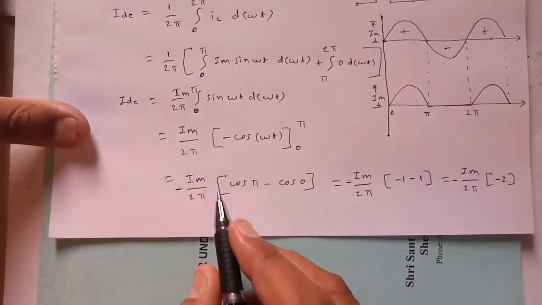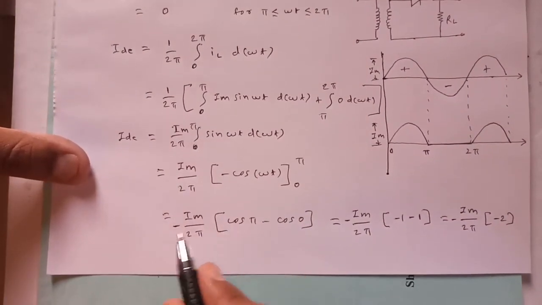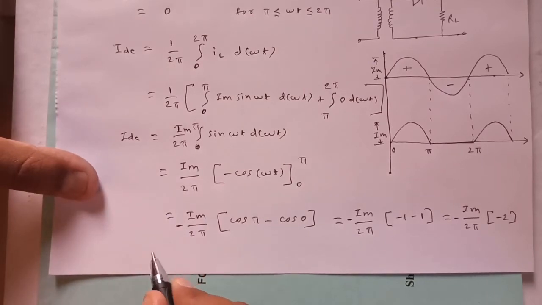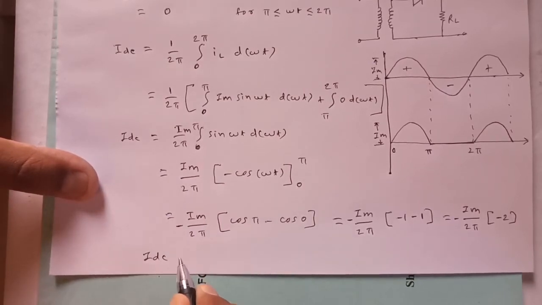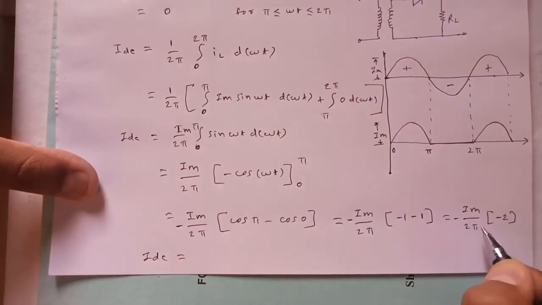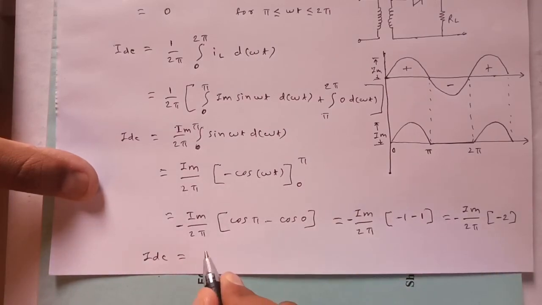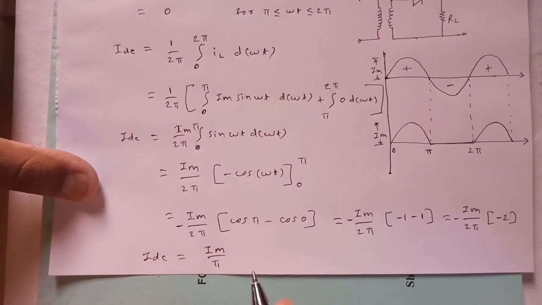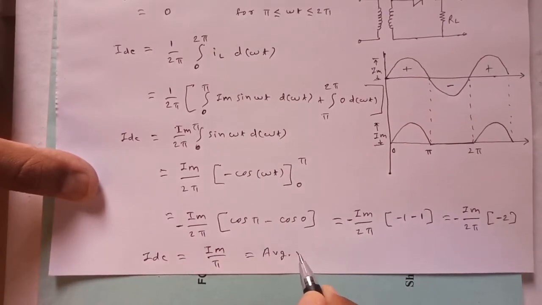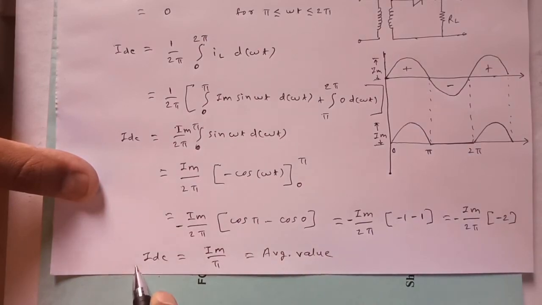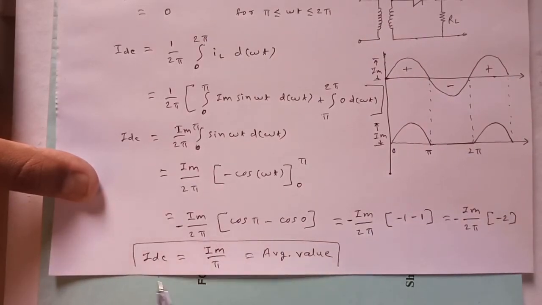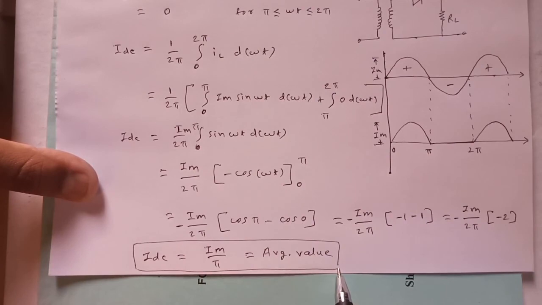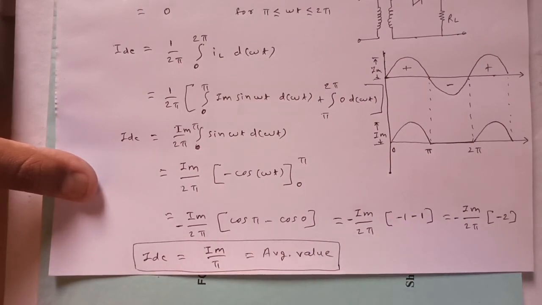Finally solving, the value of DC current IDC is equal to, 2 will get cancelled, minus minus becomes plus, so finally I am remaining with Im by pi. That is nothing but the average value of the current which is flowing through the load when the circuit is connected in the configuration called the half wave rectifier.